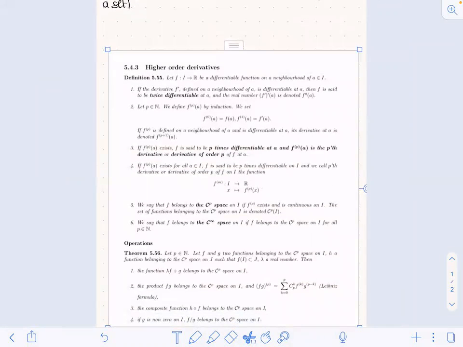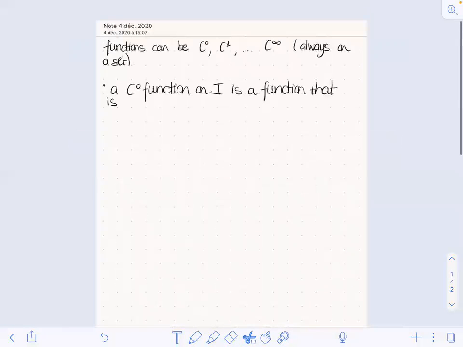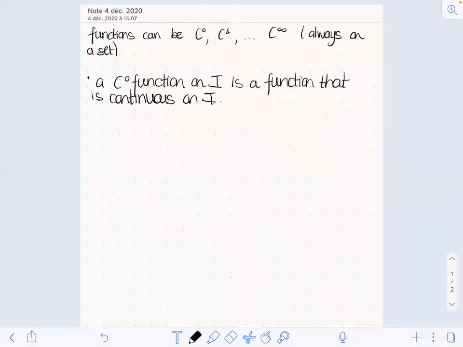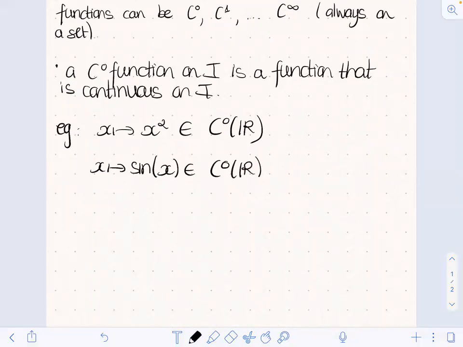A C0 function on I is a function that is continuous on I. For example, x maps to x squared is C0 on R. x maps to sine of x is C0 on R. And one last one, logarithm of x is continuous on R plus star.